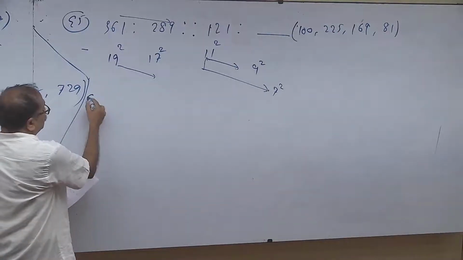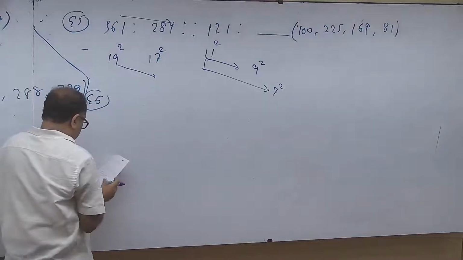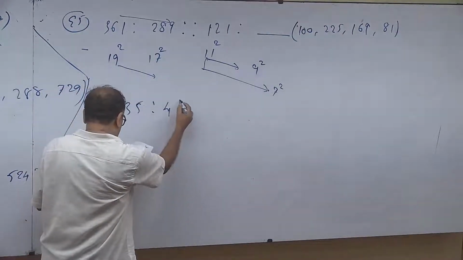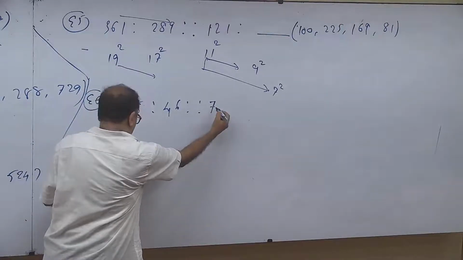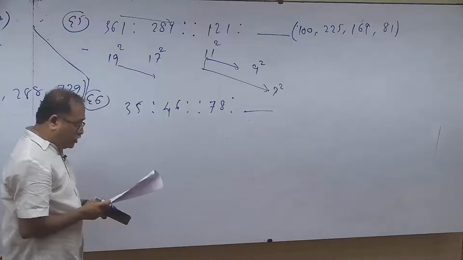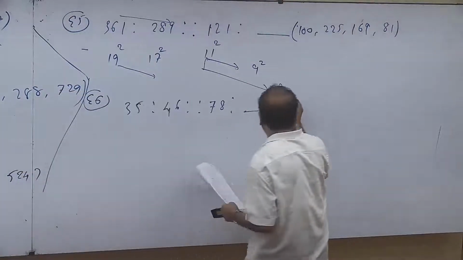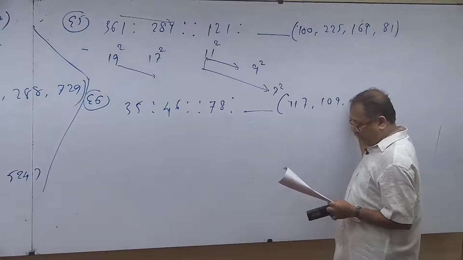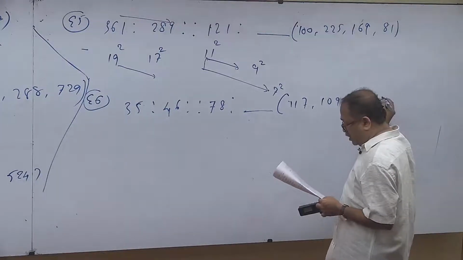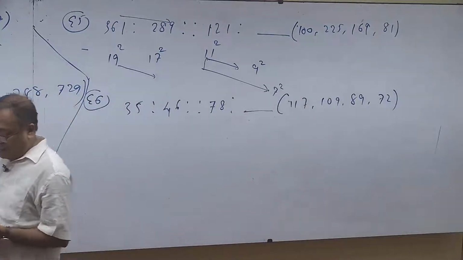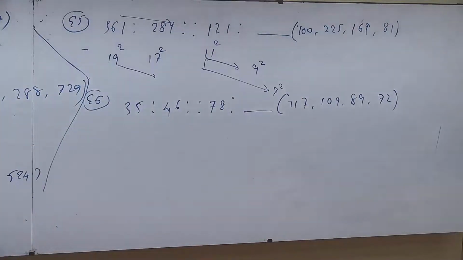Now let's move on to example 6 over here. That is, if 35 is written as 46, then 78 will be written as dash, and your options are 117, 109, 89 and 72. Okay. So here you successfully identified it.